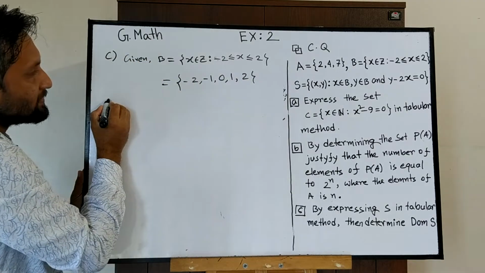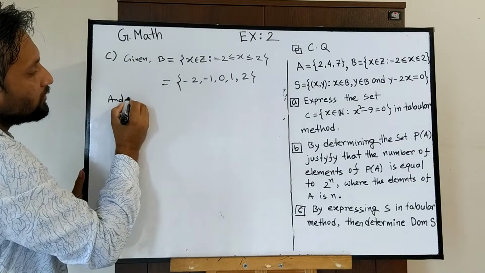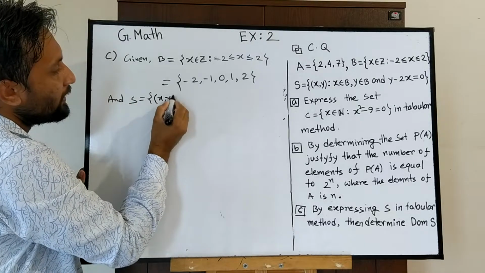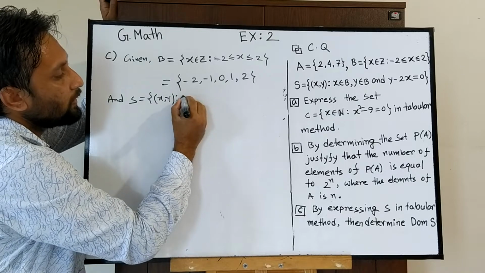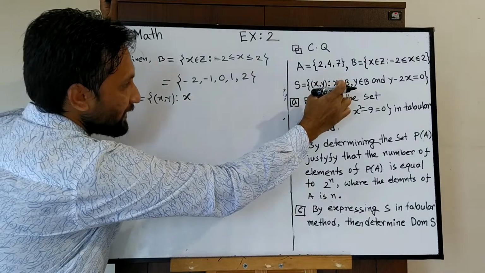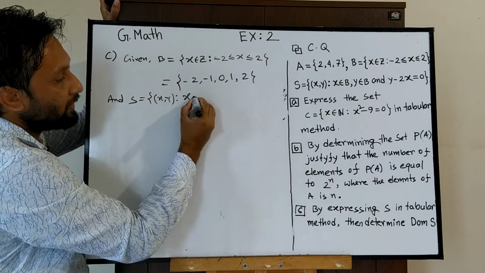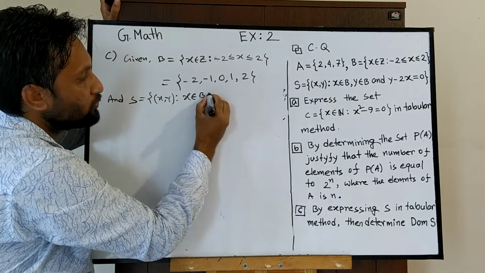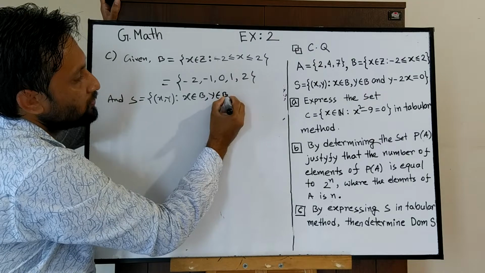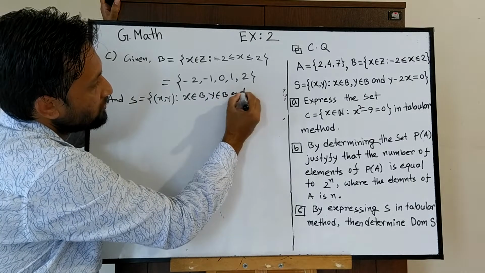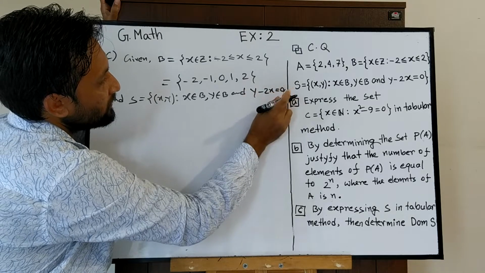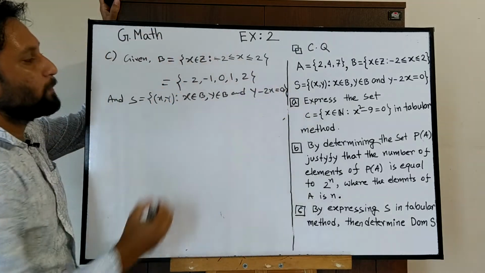And S equals (x, y), where x is an element of B and y is an element of B, and the condition is y minus 2x is greater than or equal to 0.